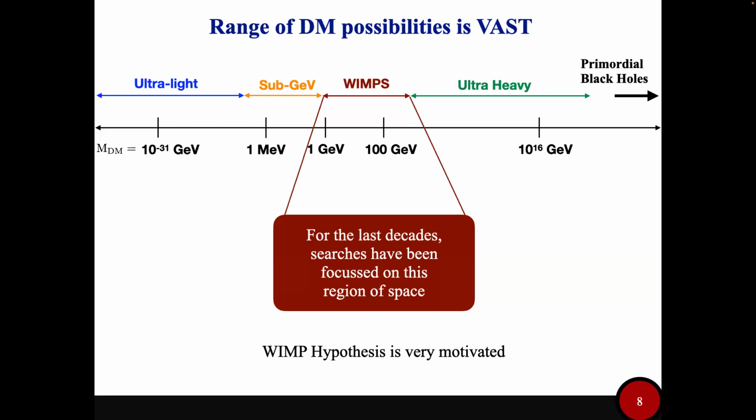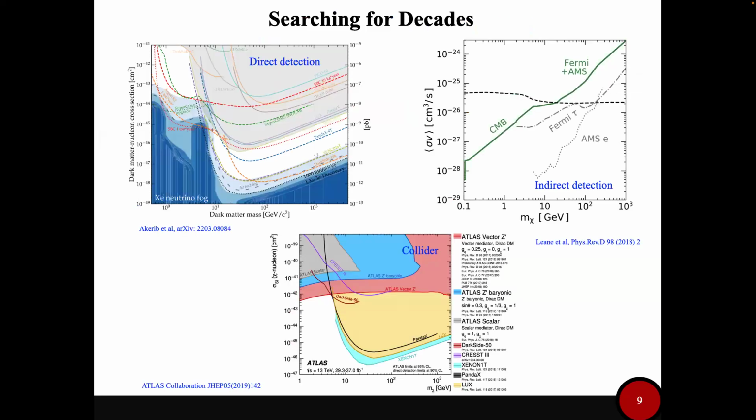And so we've been searching for this for a really long time. We've been searching in direct detection, as I mentioned, through scattering. We've been looking at indirect detection, and also at collider constraints, mostly the Large Hadron Collider. All of these searches are complementary in the sense that, let's say I found a dark matter signal using direct detection.